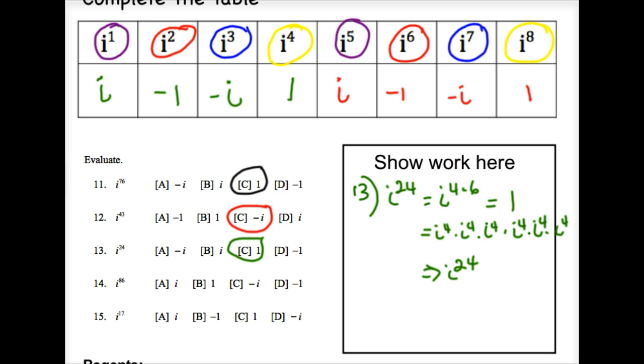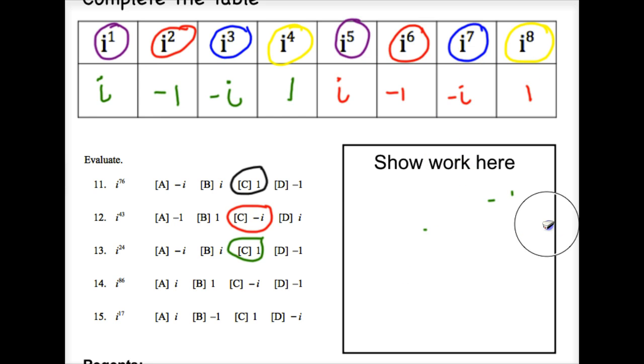Number 14, but let's clear this up. i to the 86. The point of this is just for you to evaluate these i's. First you want to see, is 86 a multiple of 4? Nope. So do like our scoops. 86 divided by 4 is going to give you 21.5.